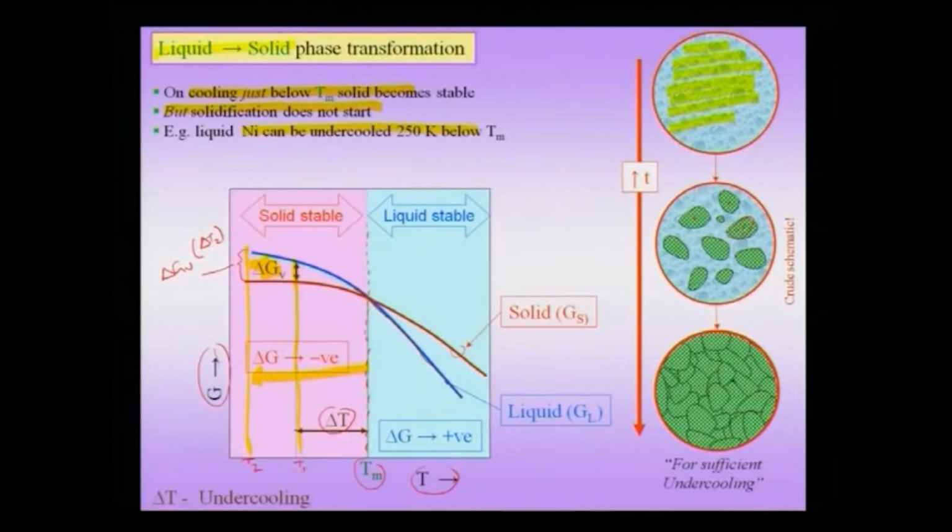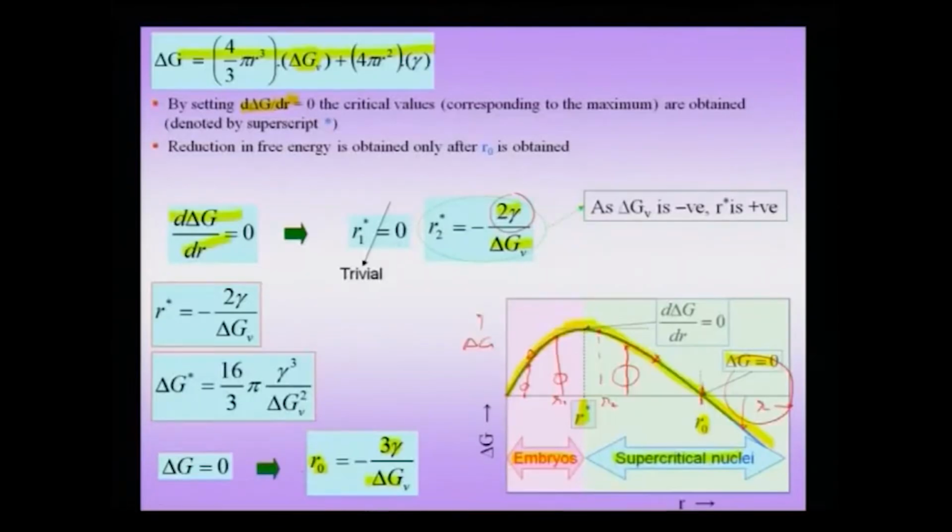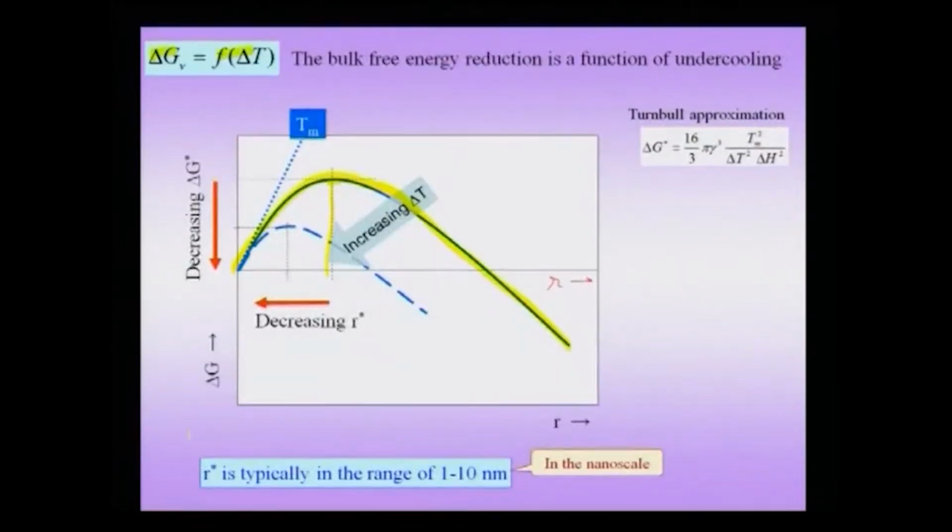At a larger undercooling you would notice that the delta G versus R plot has a maxima at a lower value of R star. That means with increasing delta T, the undercooling, my R star decreases.